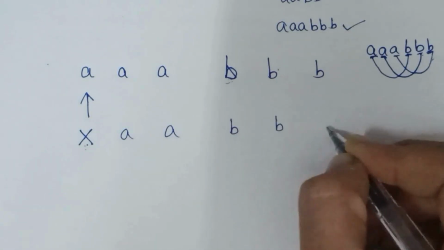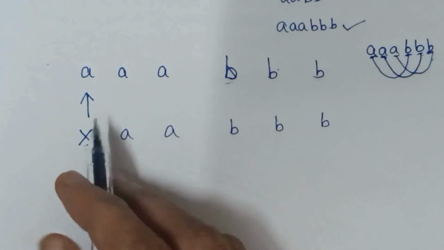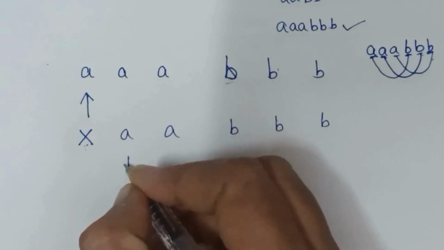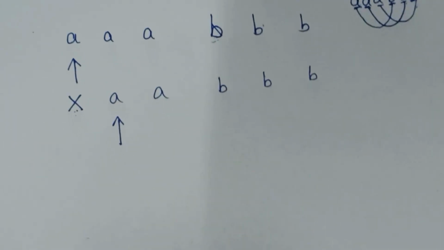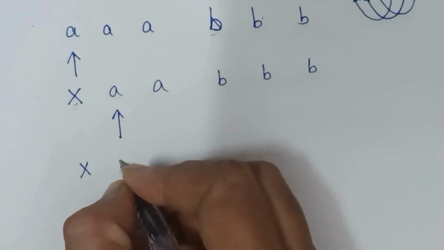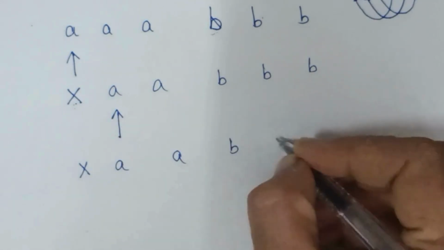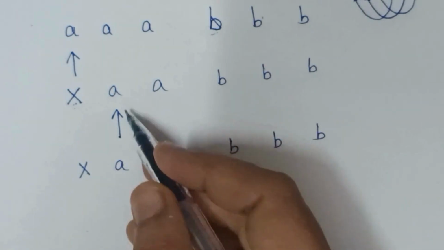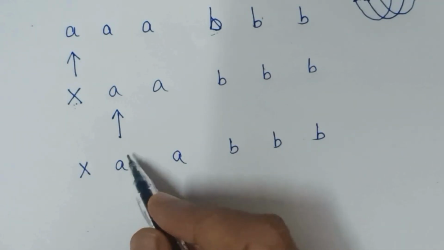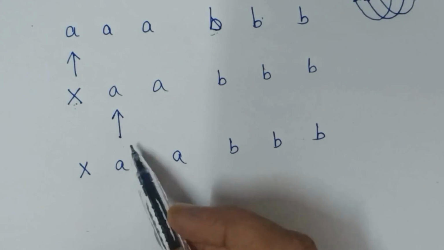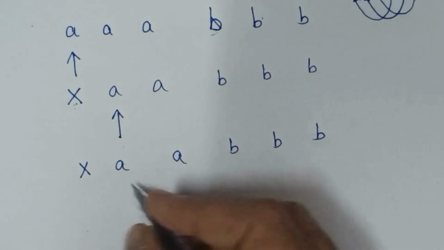Now what is the step of the read write header? It will read X and move one step ahead. After reading a, it will write a. It has been read and written as the same thing, because this does not need to be counted. It will just be reading and writing, so let it be a. Then it should move to the next symbol.